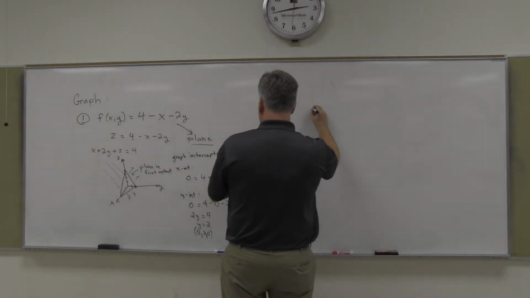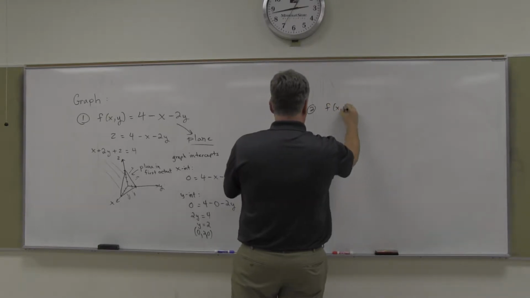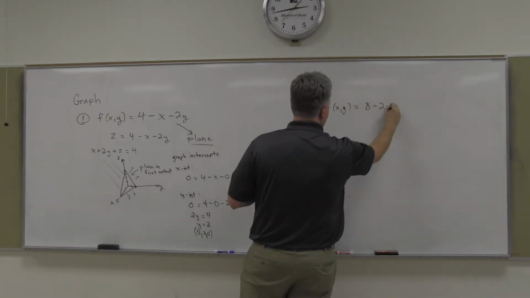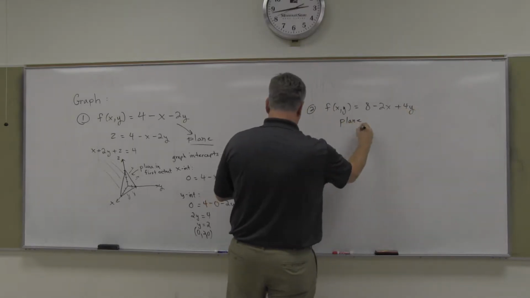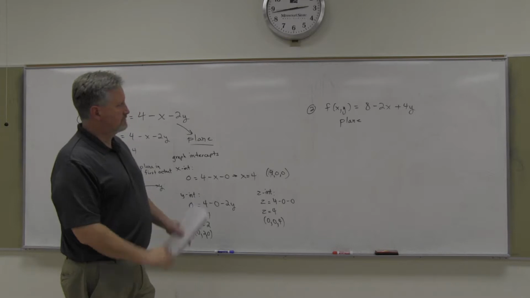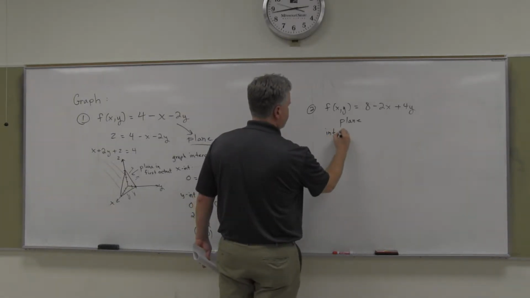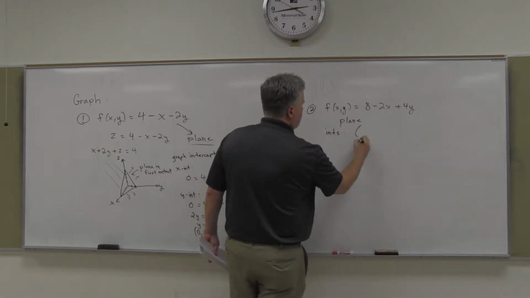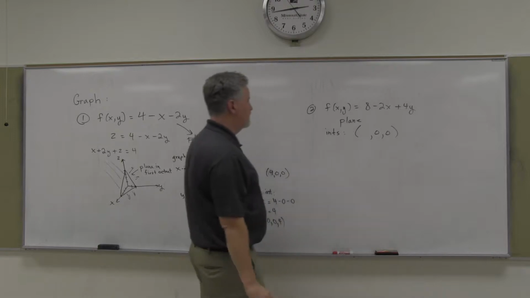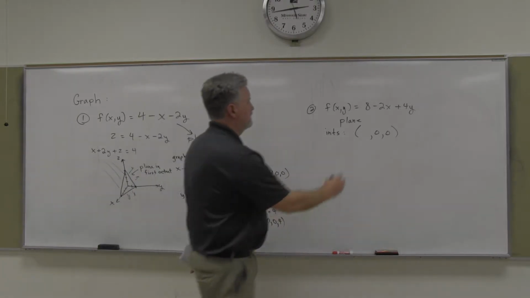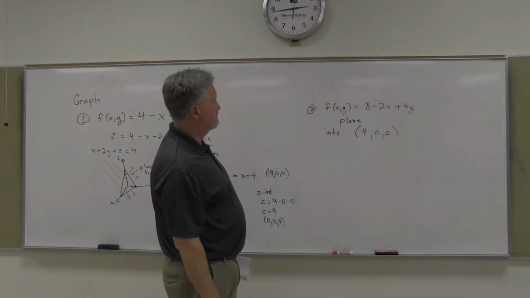So let's see what this one looks like, just to compare and contrast. F of x, y equals 8 minus 2x plus 4y. Also a plane, right? And what would our intercepts be there? If the y and the z are zeros, what have we got? 4 again, (4, 0, 0), is that right?